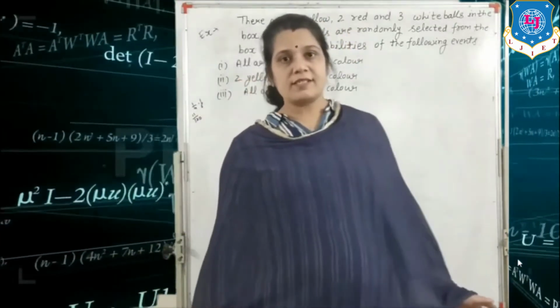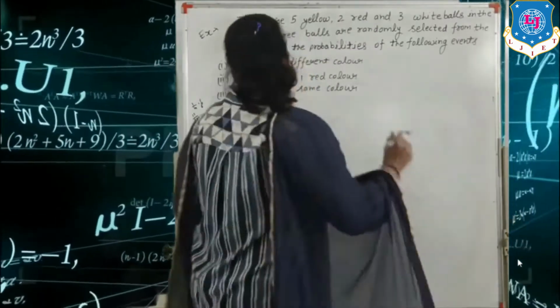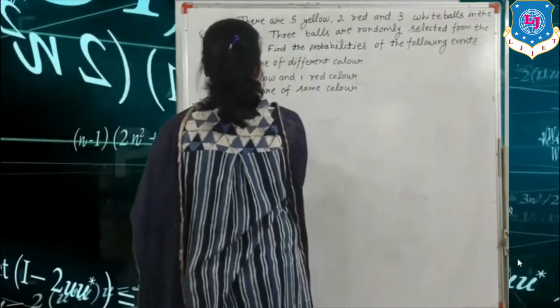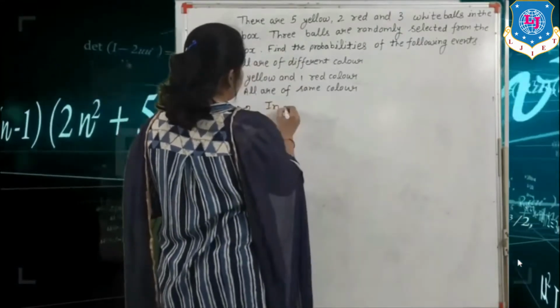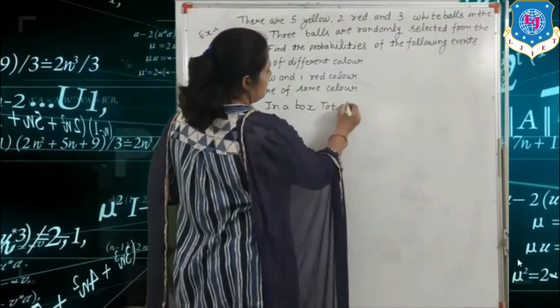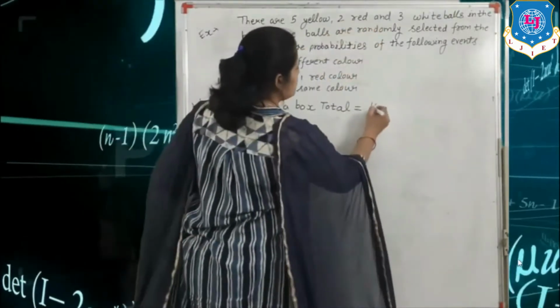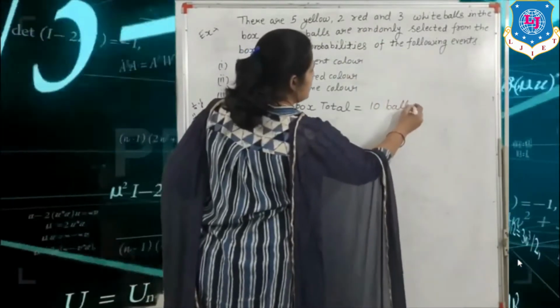First we write the total balls. The solution is that in a box, 5 plus 2 is 7, plus 3 is 10, so the total number of balls is 10.